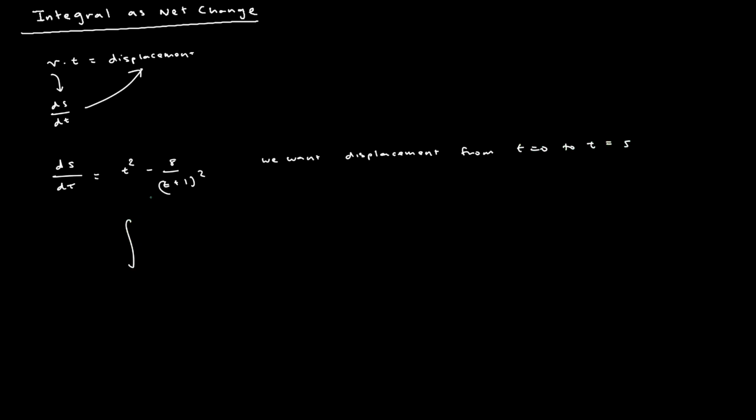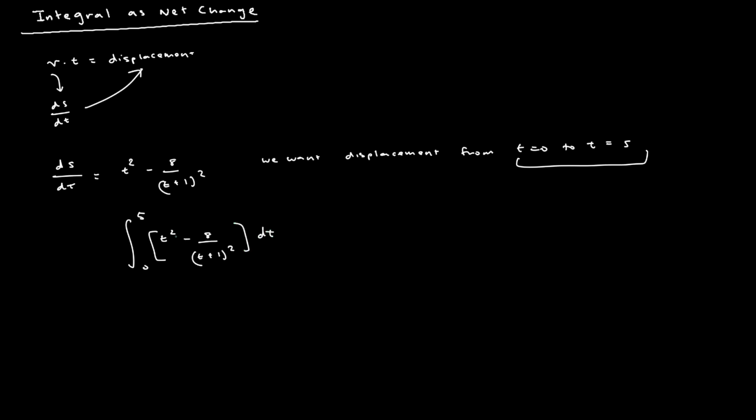Since we know that displacement is simply the area under the curve of the velocity graph, and we're told the bounds from 0 to 5, we just have to evaluate the definite integral from 0 to 5 of this ds over dt graph, which is also the velocity curve. So the problem just becomes evaluating this.